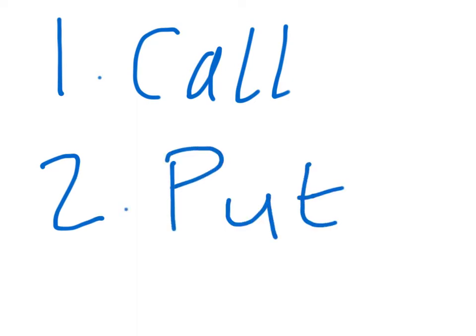A put option means that you enter into an agreement to sell a certain asset or share at a pre-agreed price within a certain time frame. So a call essentially allows you to go long of the market, and a put allows you to go short. Not always the case if you start combining calls and puts and writing options as well, but we'll come on to that in subsequent videos. So you can either buy a call option or you can buy a put option.